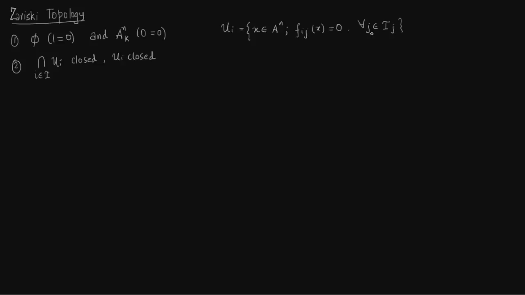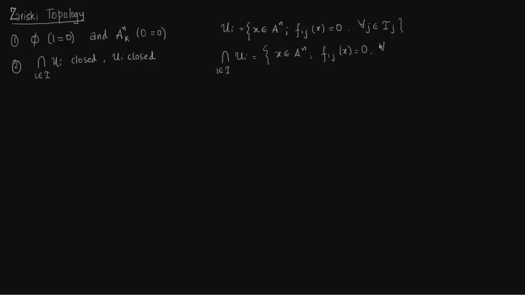So what would the intersection be? The intersection would be you throw in all the polynomials defining all these U_i's. For example, if U_2 is defined by say three polynomials, g1, g2, g3, and U_1 is defined by f1, f2, then the intersection of U_1 and U_2 is the collection of all these polynomials, that is f1, f2, g1, g2, g3.